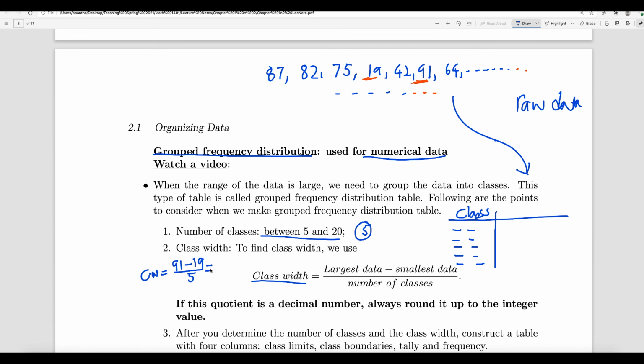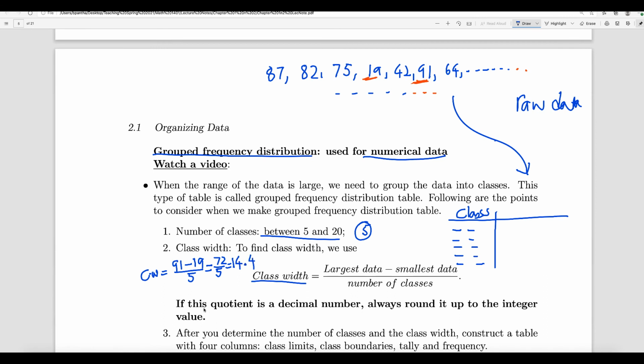What is 91 minus 19? Is that 72? So 72 divided by 5. How much is that? So 72 divided by 5 is 14.4 actually.